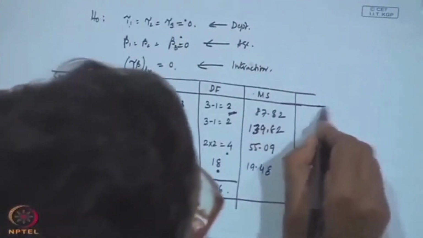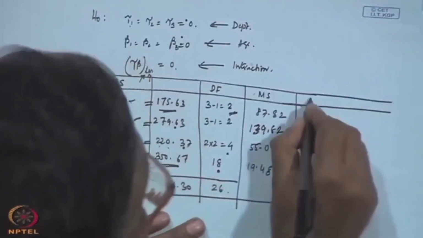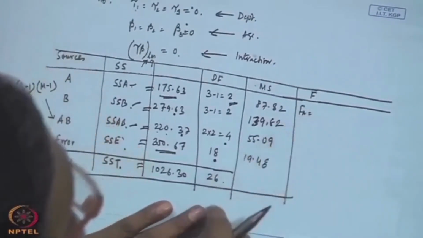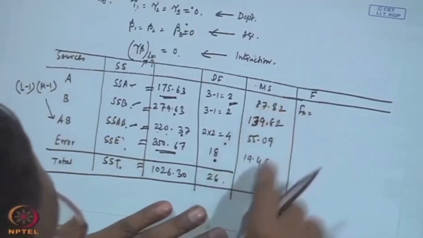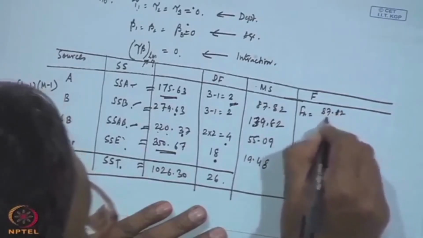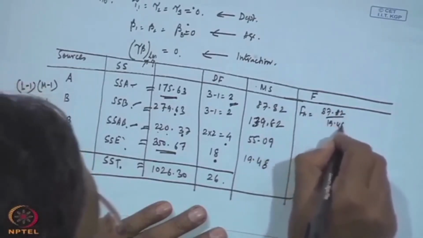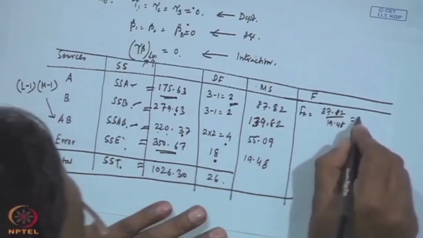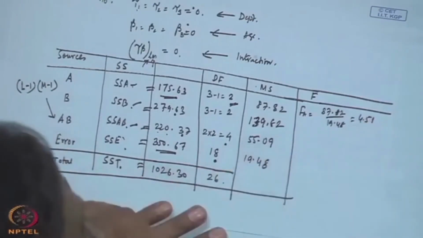Okay. Then what you require to know? You require to know F values. Your FA will be MSA by MSE. So, 87.82 by 19.48. This value will be 4.51.